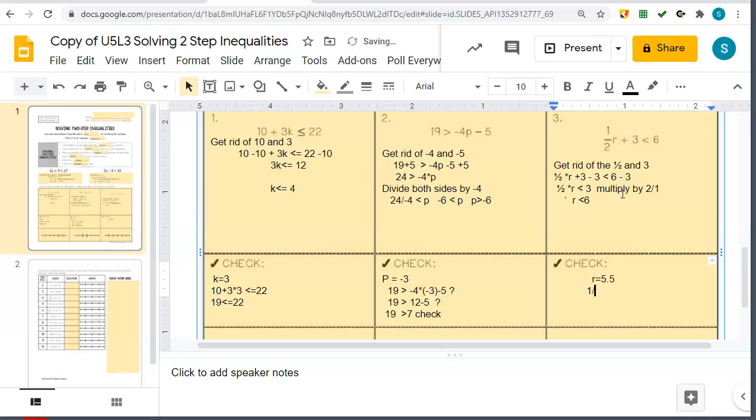So 1/2 times 5.5 plus 3, and is that less than 6? So we get 2.75 plus 3, and that's 5.75. Check.